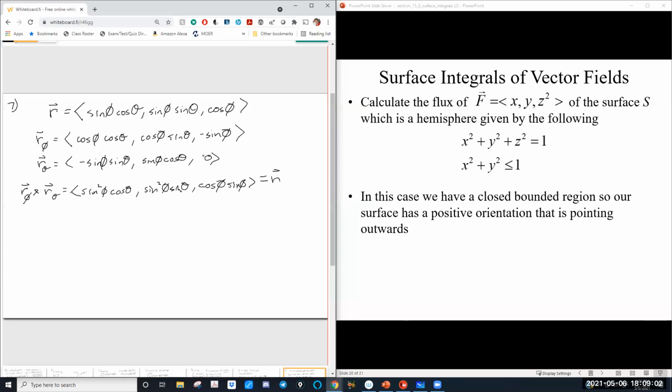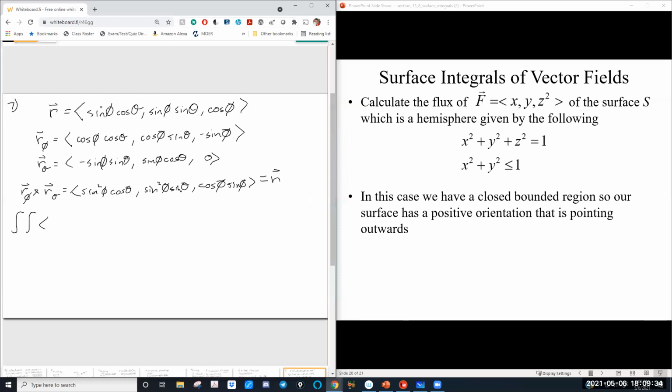Now, as we go to set up our integral, we're going to be integrating with respect to phi and theta. And we do have to put in our transformation into our vector field. So F has to be rewritten in terms of r. Now it actually works out pretty easy for this one because our vector field is x, y, z squared.